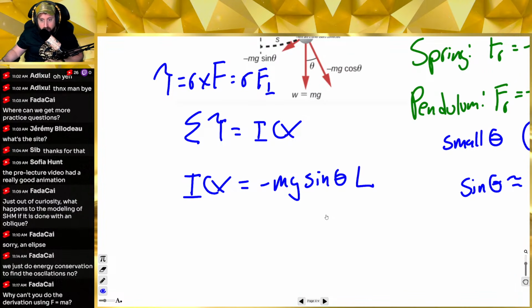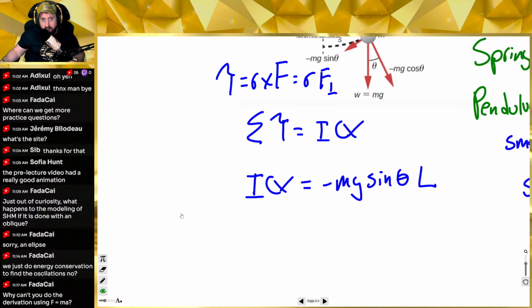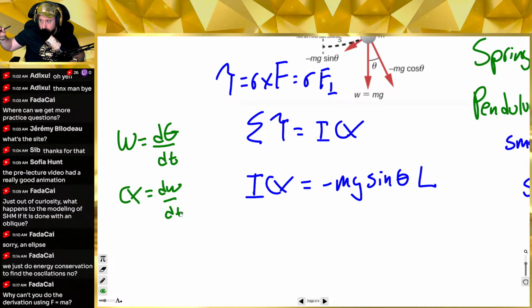So then I can recognize that alpha, if we remember from kinematics, omega is d theta dt. Alpha is d omega dt. These are the same analogs of position, velocity, acceleration. So this is the derivative of this, which is the derivative of this. So it's the second derivative of theta.